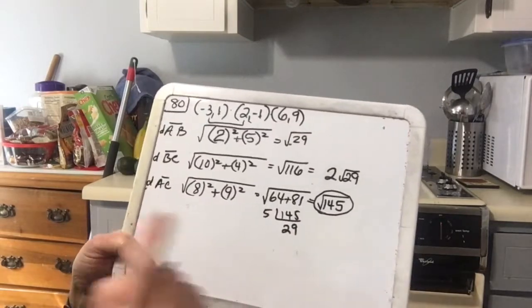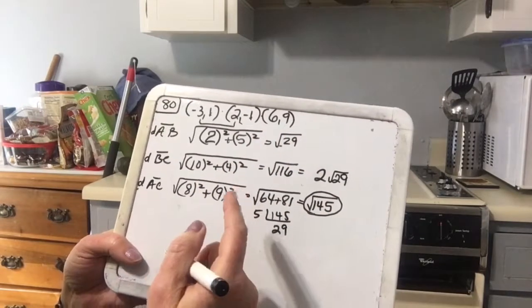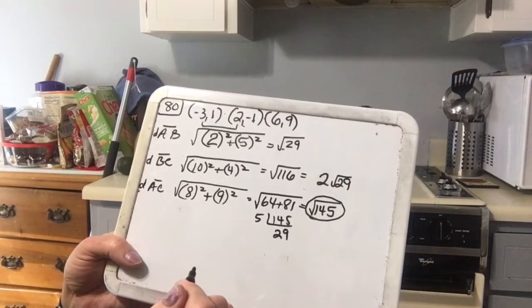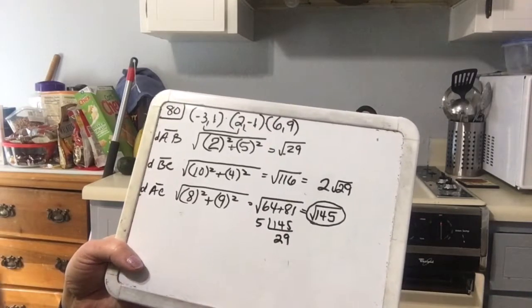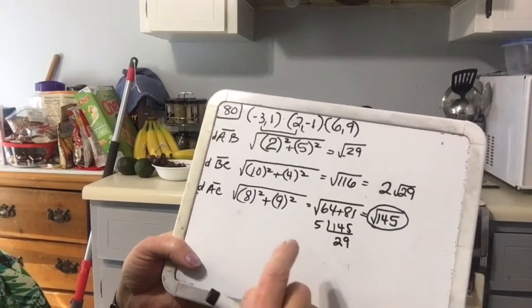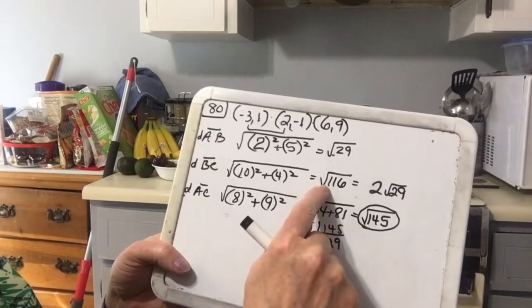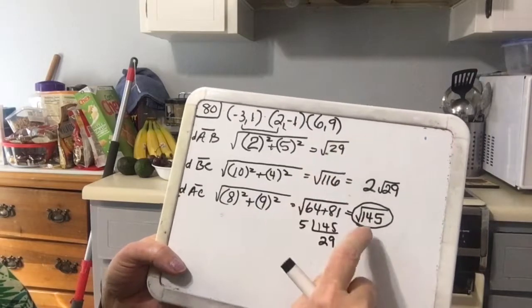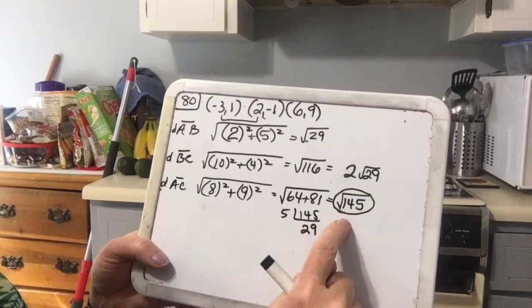Okay, so now let's apply our Pythagorean theorem to all of these. Okay, so basically my Pythagorean theorem is going to square each one of these. And since that one was square root of 116 and that one was square root of 29, this one is my hypotenuse, isn't it?